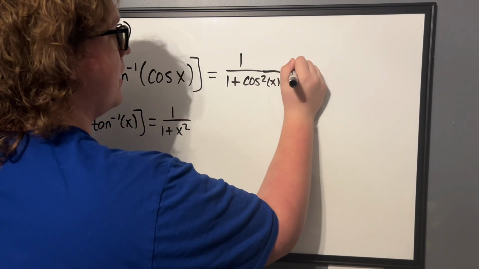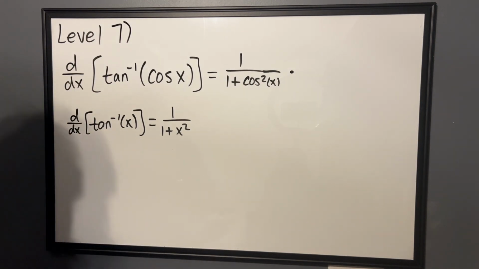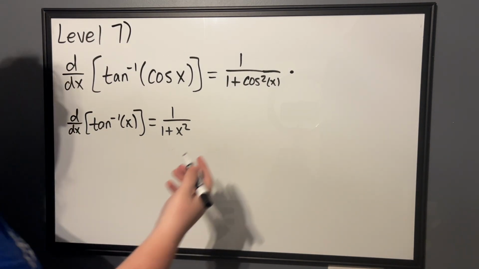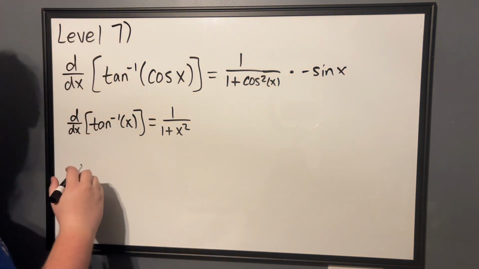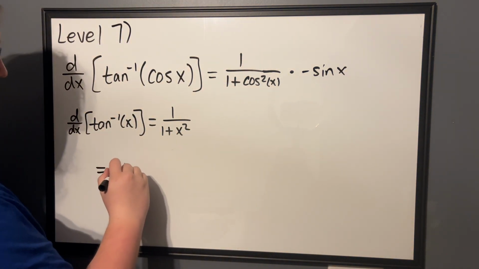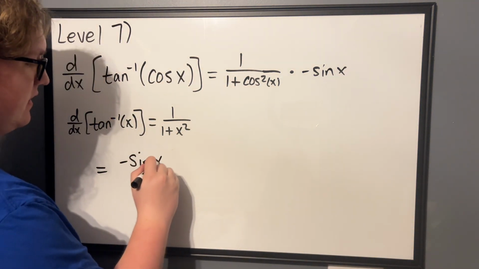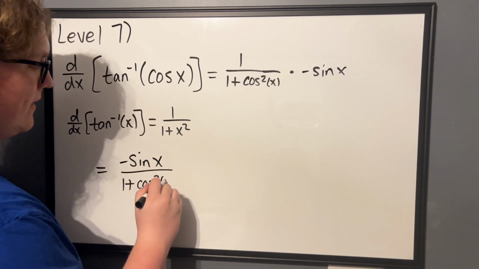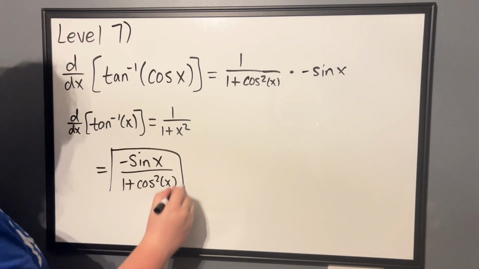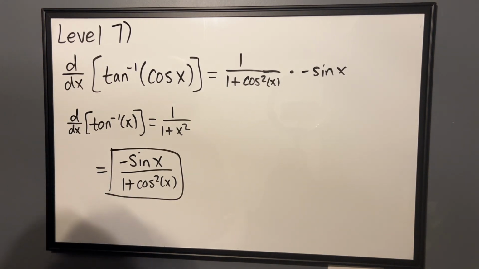So we need to multiply by the derivative of this cosine x. And the derivative of cosine x is minus sine x. So when we write this in the most simple form, we're going to have negative sine x over 1 plus cosine squared of x. And that will be our final answer for level 7.